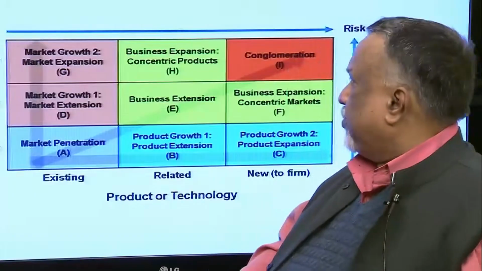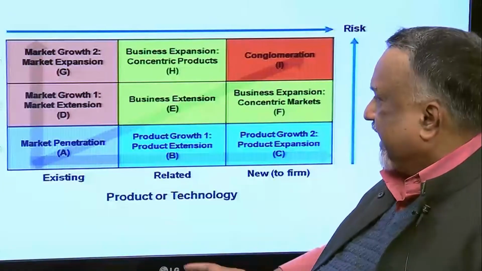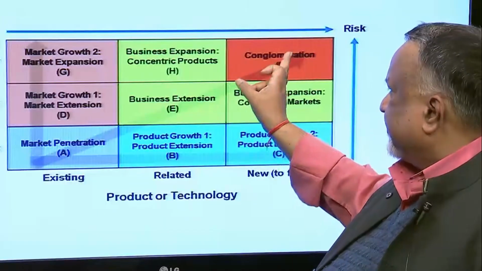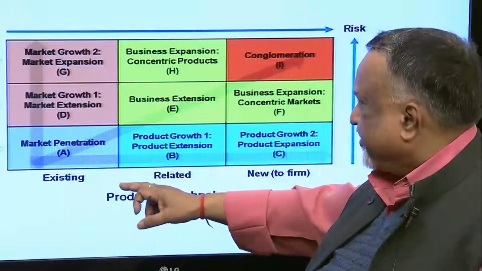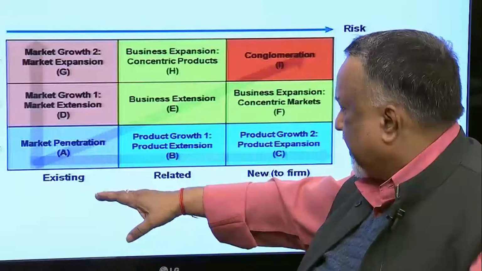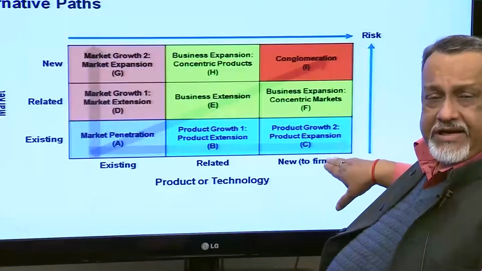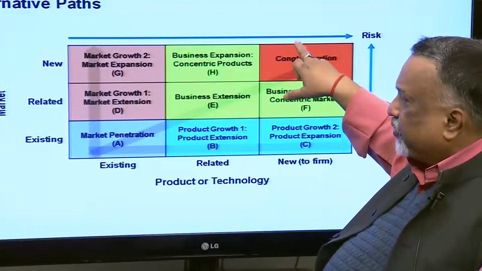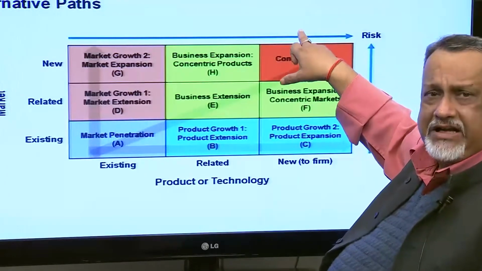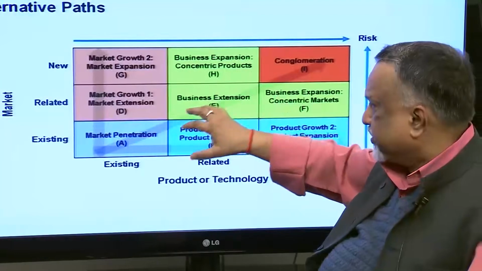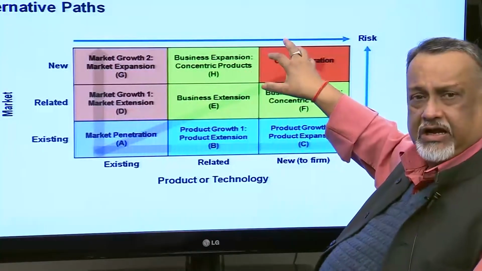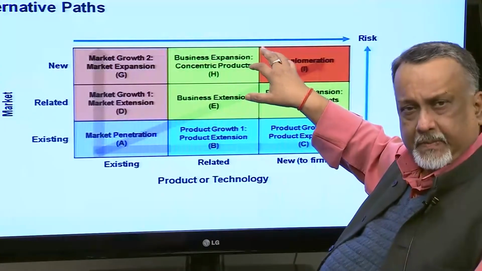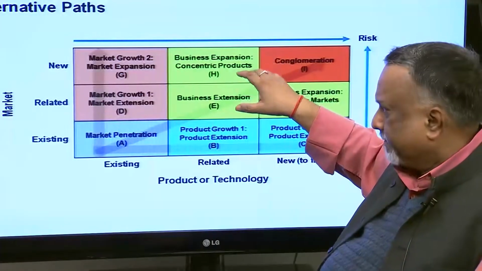I also need to highlight that the more you move in this direction, that means you are going to something new to the firm, new technology or product, and a completely new market, you are also increasing your risk, market risk, technology risk.